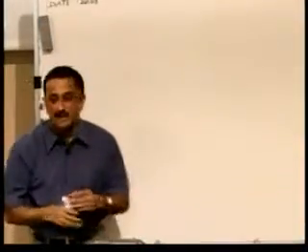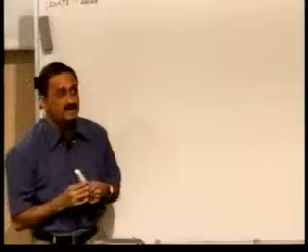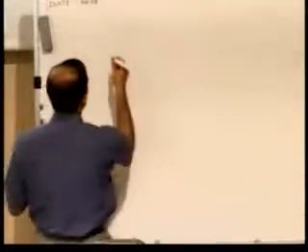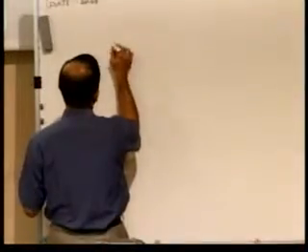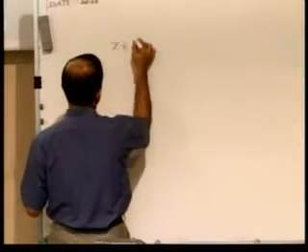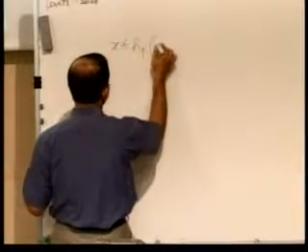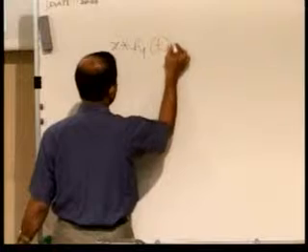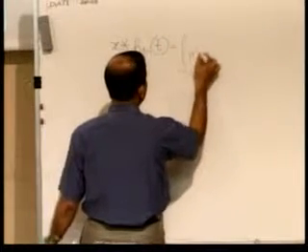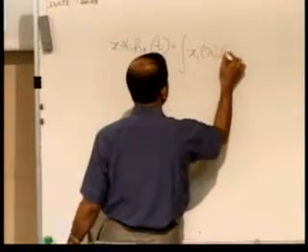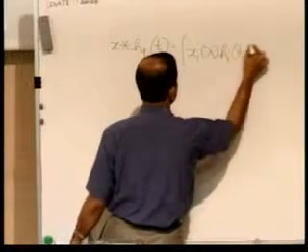So let's write down. We need to keep track of symbols, but otherwise the idea is not very complicated. Consider x convolved with h1. As a function of t, it is equal to the integral of x at lambda, h1 at t minus lambda, d lambda.